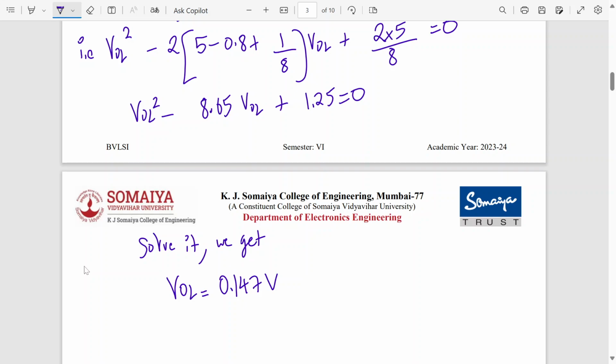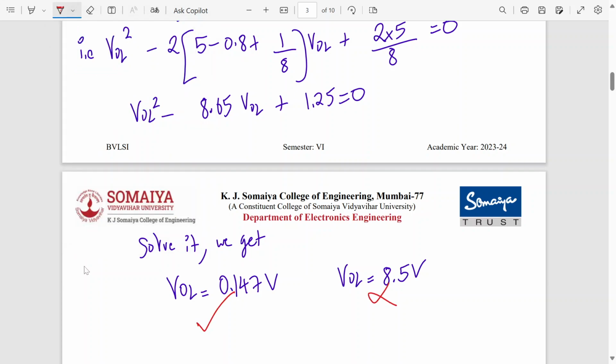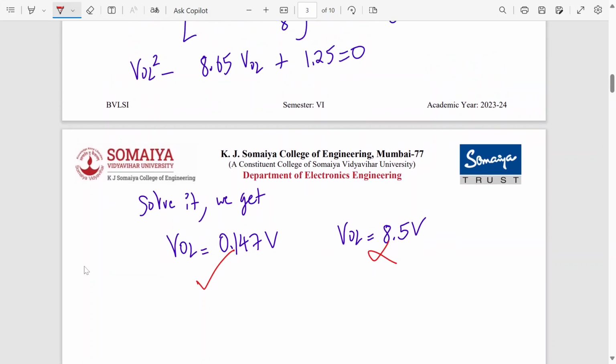You must have got two values of VOL. So what's the second value? Can VOL be beyond power supply voltage? No. So we discard this and we select this value. So how much is VOL now? 0.147 volts.